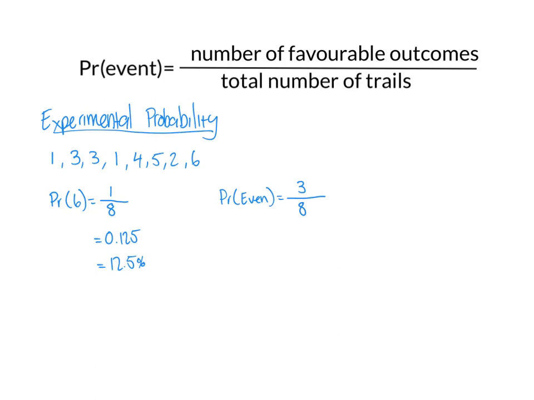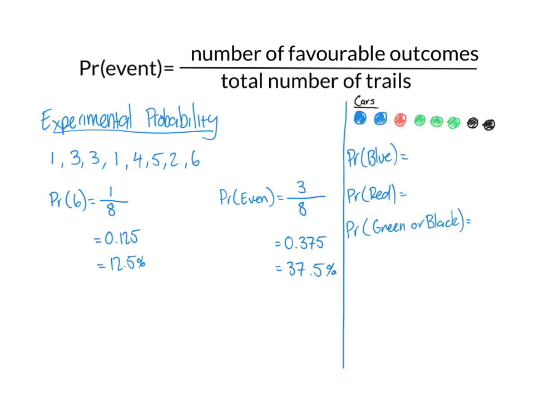And if we wanted to see this as a decimal, we would get our calculator and type in 3 divided by 8, and we would get 0.375. And if we wanted this as a percentage, we'd have to times that one by 100. So that's the equivalent of 37.5%.